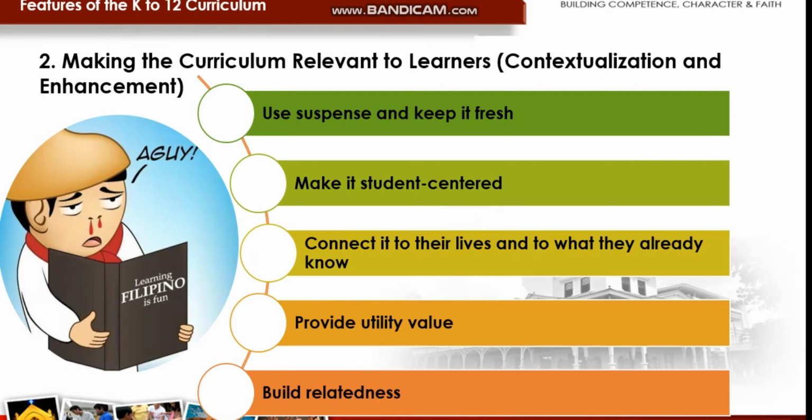The next is make it student centered or directed. What is this? You are going to give students a choice of assignments on a particular topic or ask them to design one of their own.